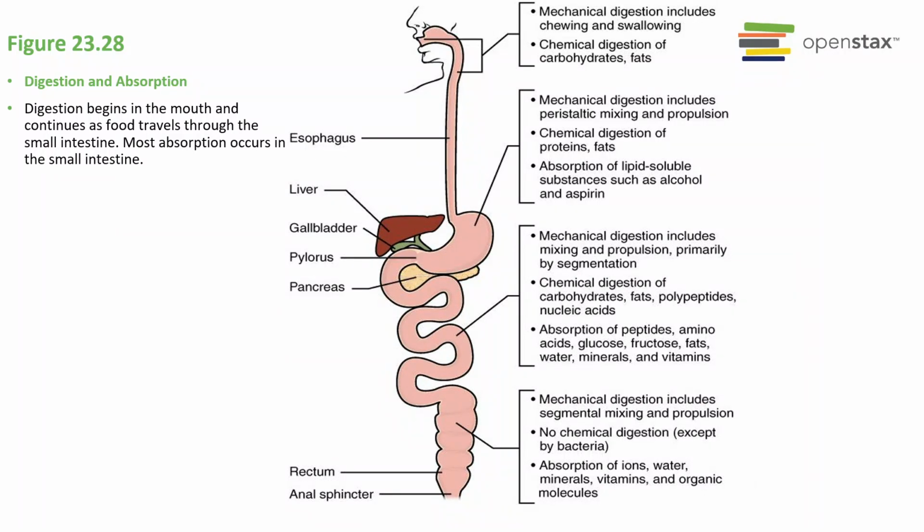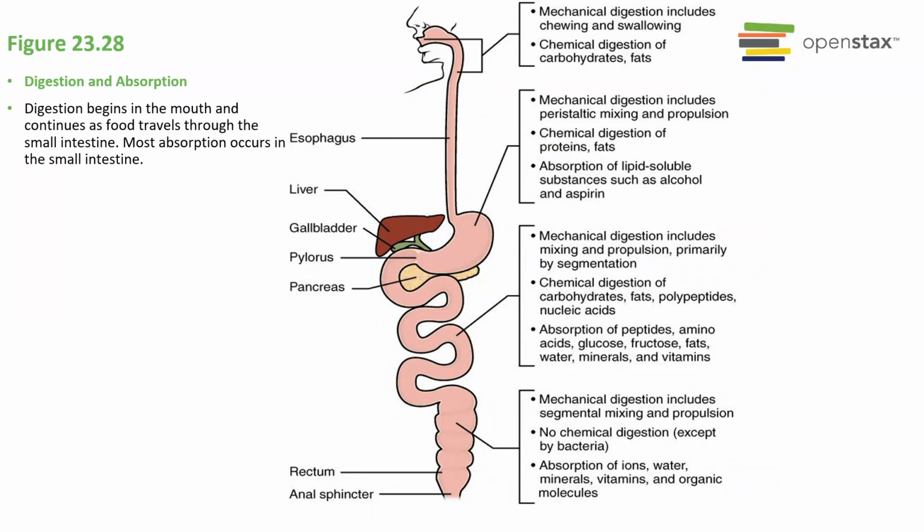This is against popular belief when we think about the stomach. Now, the stomach plays a role more so in mechanical and chemical digestion, as you can see highlighted here on this particular figure. The only substances that typically get absorbed in the stomach include alcohol and aspirin.